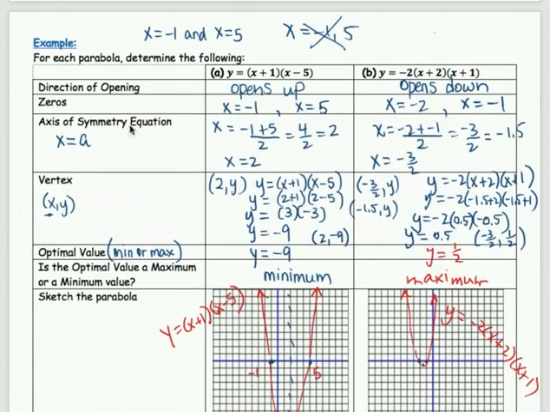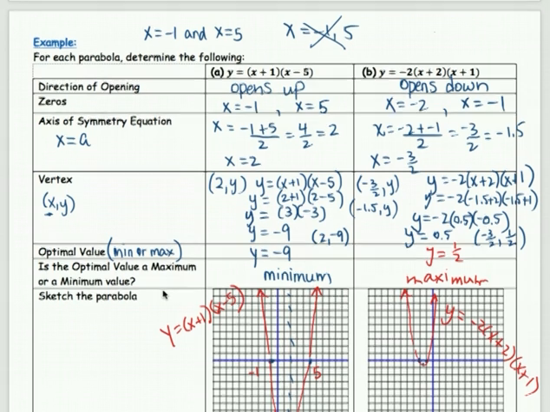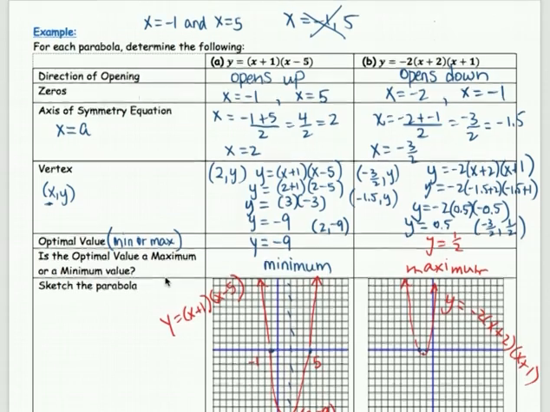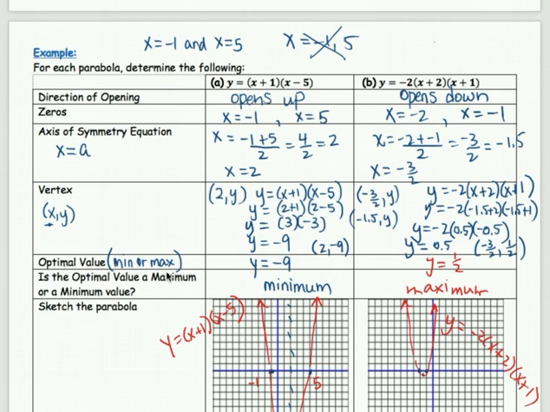And then you should also be able to find which way it opens, the axis of symmetry equation, the vertex, the optimal value, if it's a max or min and what value the max or min is at, and then be able to make a sketch with 3 good points, arrowheads, and labels. Okay, so be able to do all of those things and you should be good to go, and then we can move on to some other parts of the factored form next day.